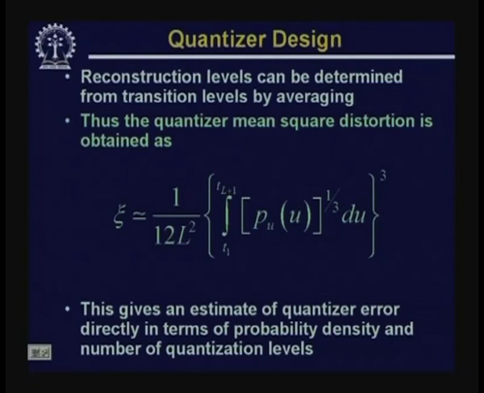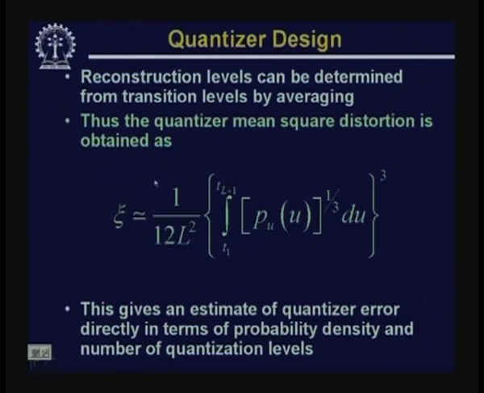Now, once we get the transition levels, we can find the reconstruction levels by averaging the subsequent transition levels. Once I have the reconstruction levels and the transition levels, the quantization mean square error can be computed as follows.